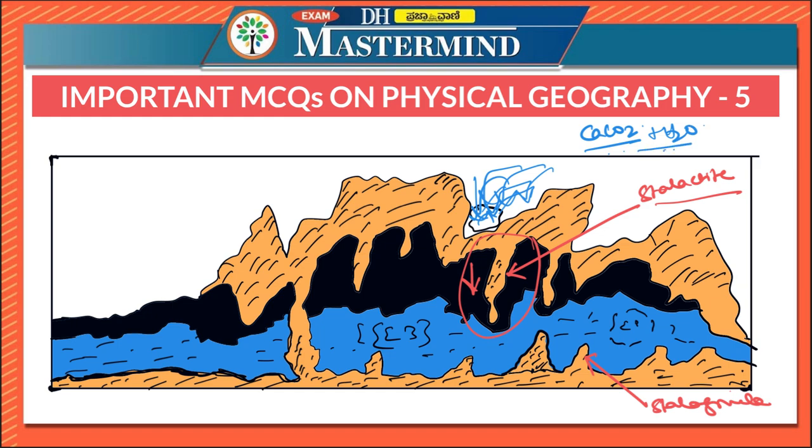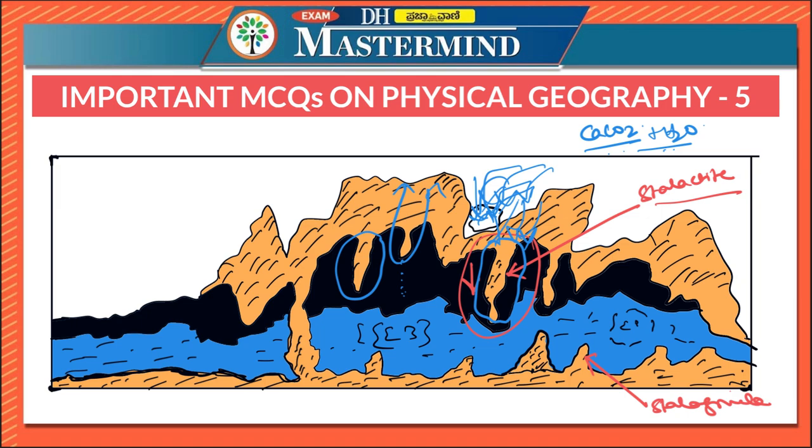When this lime-charged water comes down, it starts dripping down, but once the water evaporates, it leaves solidified crystalline calcium carbonate. This hangs from the roof of the limestone caves, and this is called a stalactite.